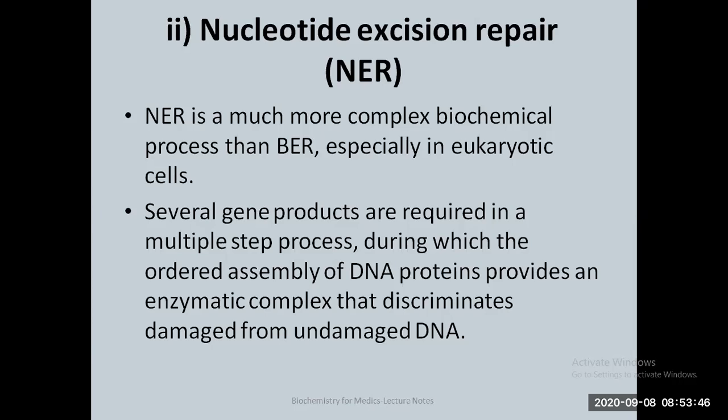Because in eukaryotic cells, there will be a lot of organelles present and a lot of DNA inside, and all the time the replication is going to happen and the cell needs to divide. So several gene products are required in the multiple step process, during which the ordered assembly of proteins on DNA provides an enzymatic complex that discriminates damaged from undamaged DNA.